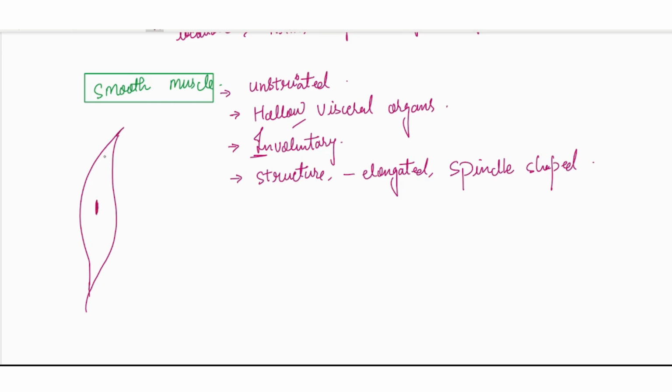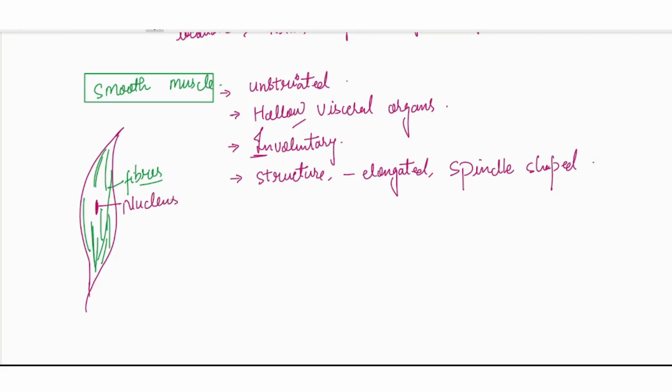So here would be the nucleus, and here we have a lot of muscular fibers. But this is not striation. Don't get confused by this term. These are the fibers, but not striation. This is only the fibers, and this orange one indicates the nucleus.